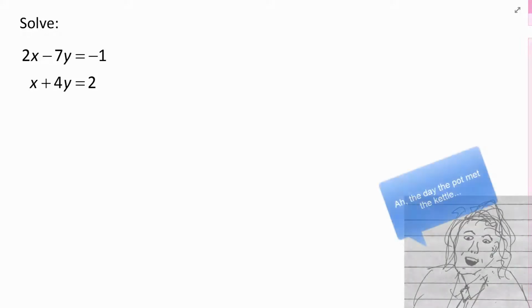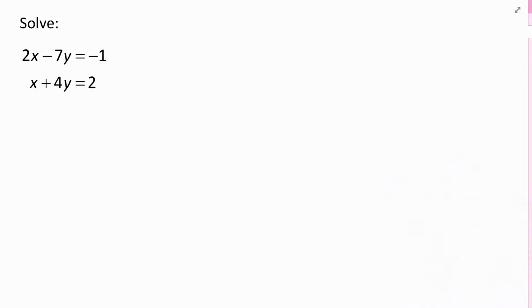Likewise, in the second equation, isolating y wouldn't be hard, but it wouldn't be as easy as isolating x. So whenever you're doing substitution, choose the easiest variable to isolate for so that you don't unnecessarily create fractions in your working. So let's take the second equation and rewrite it as x equals 2 minus 4y.